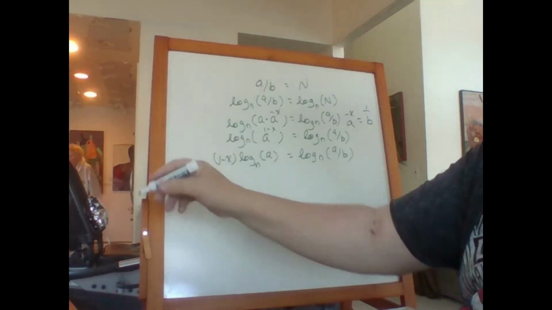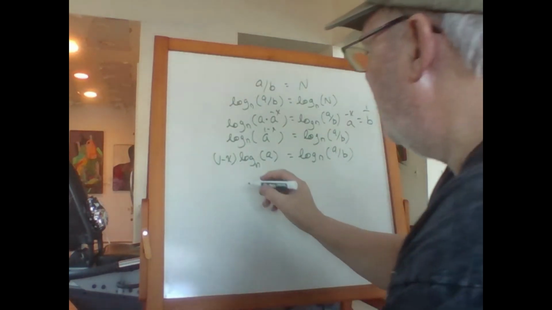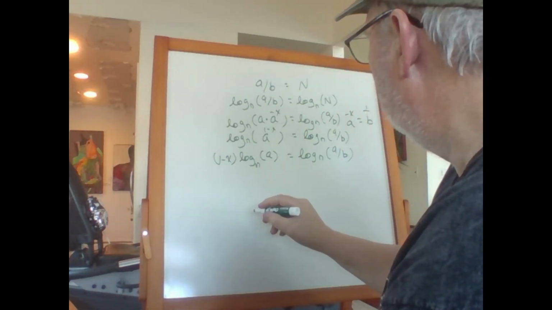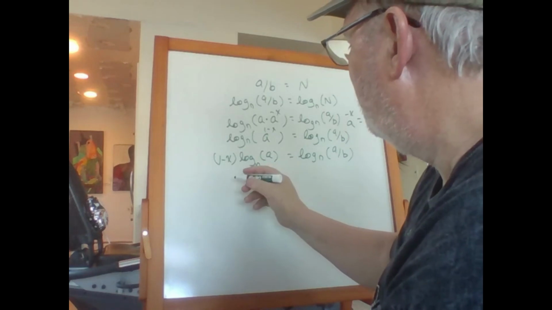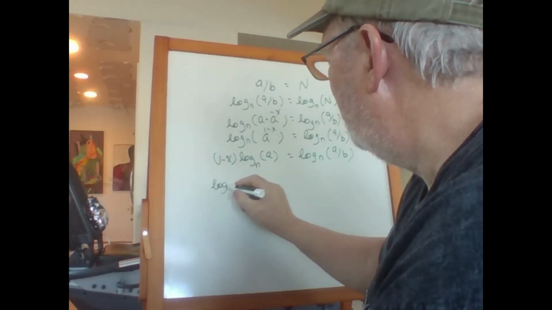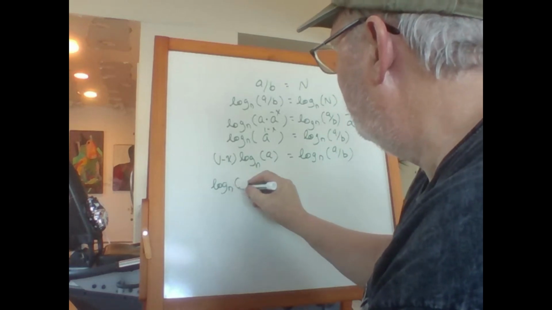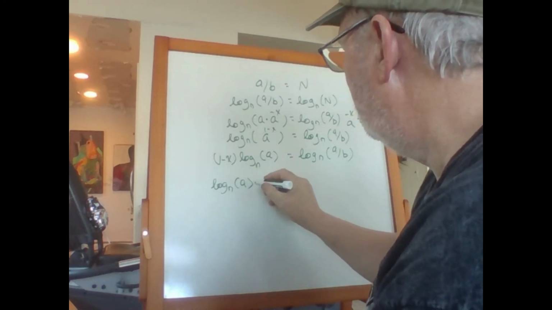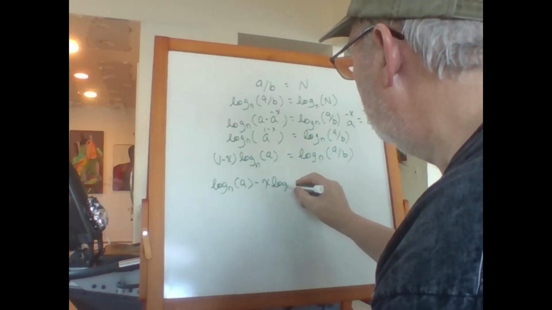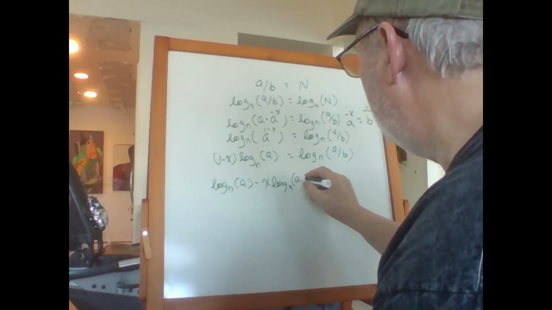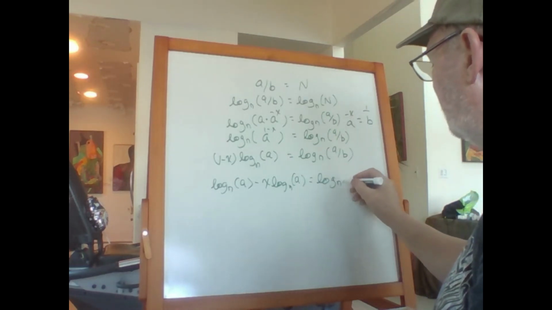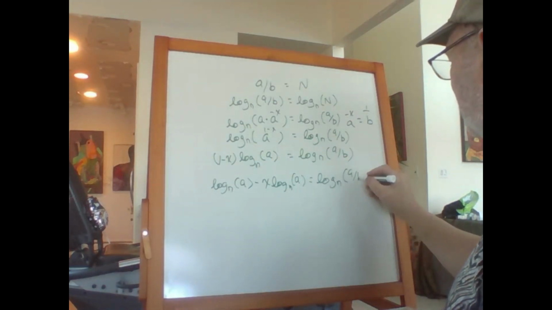And then we just take that out. We have log n of a minus x log of a equals log n of a divided by b.